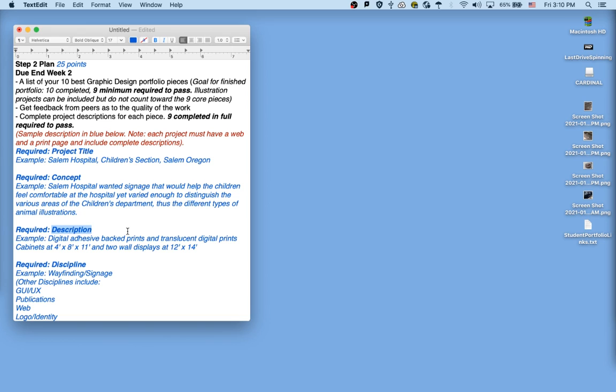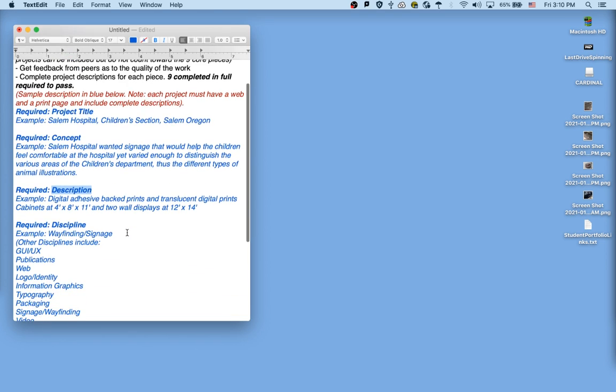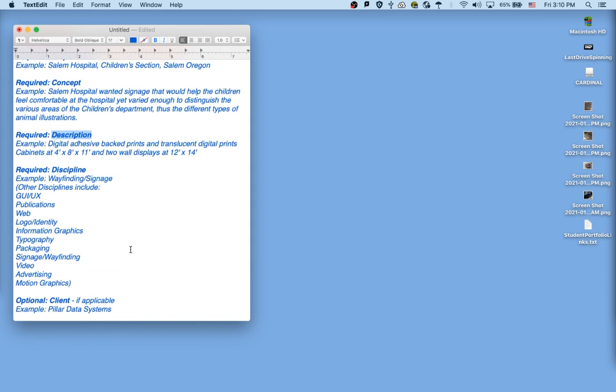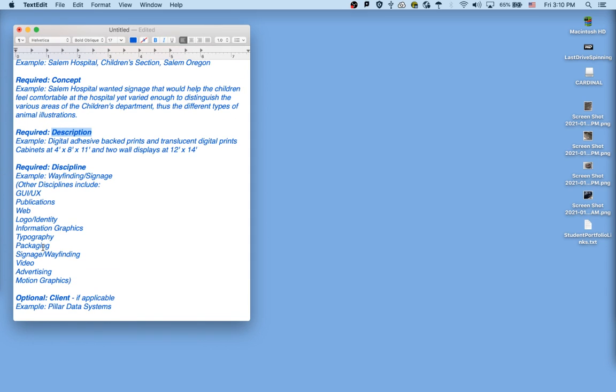That is the description. And then discipline, well, you could pull from that pie chart that I included, but you also have them listed here. Is it related to UX, UI, publications, web? Each one of those is a discipline. And sometimes, the piece might fall under more than one. It's okay, you can list more than one.